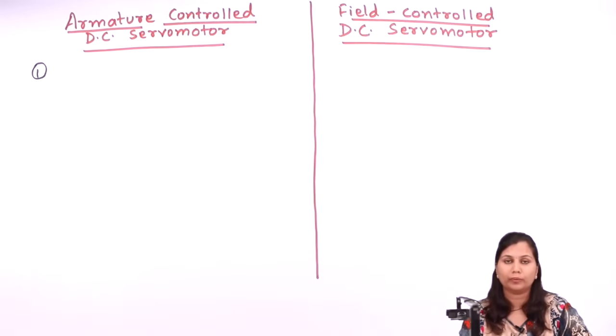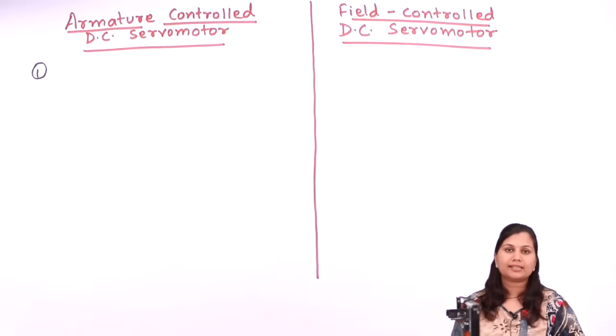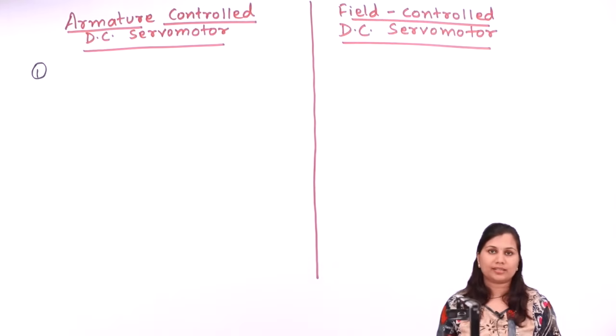In a closed loop control system, we have the criteria to compare the input and the feedback signal, where the feedback signal is the output signal. So we can compare these signals and make corrections.